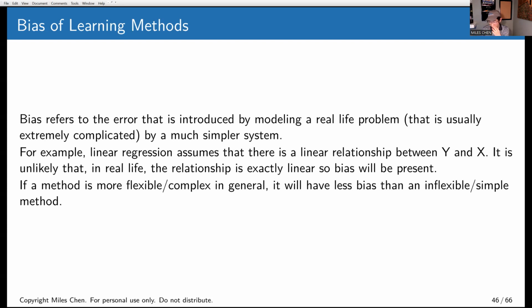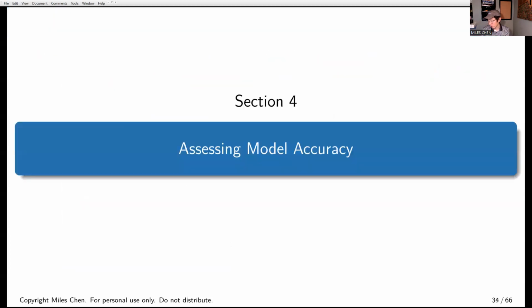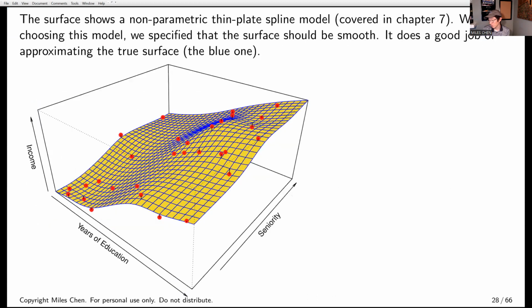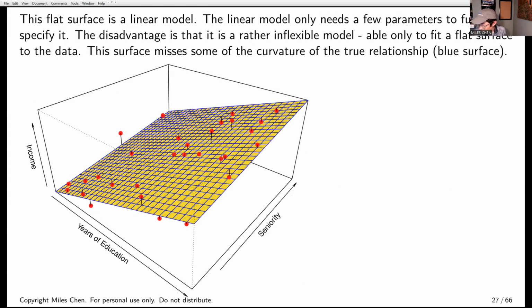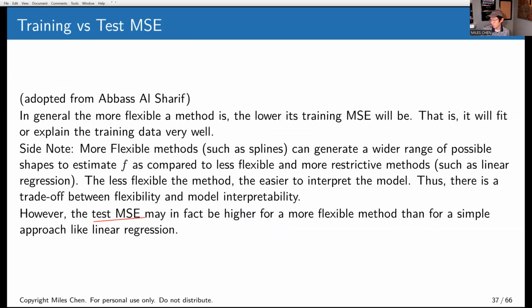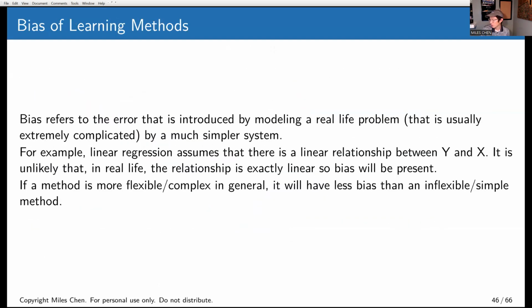If you have a very flexible system, both the really flexible spline and the somewhat smooth spline might be able to achieve the true model perfectly if they had enough data. So in the long run, it might do a really good job. And in general, if a model is more flexible or more complicated, it's going to have less bias.